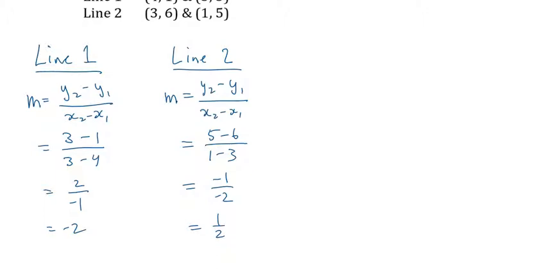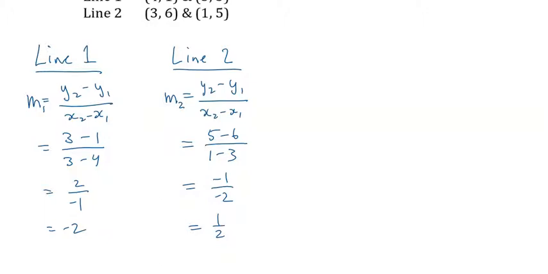Okay, so I found both slopes. Slope of line 1 and slope of line 2. And you can already see what's happening here, but I'm going to show you a little bit of form stuff as well. This is what I want you to do. So slope of line 1 is that. Slope of line 2 is that.